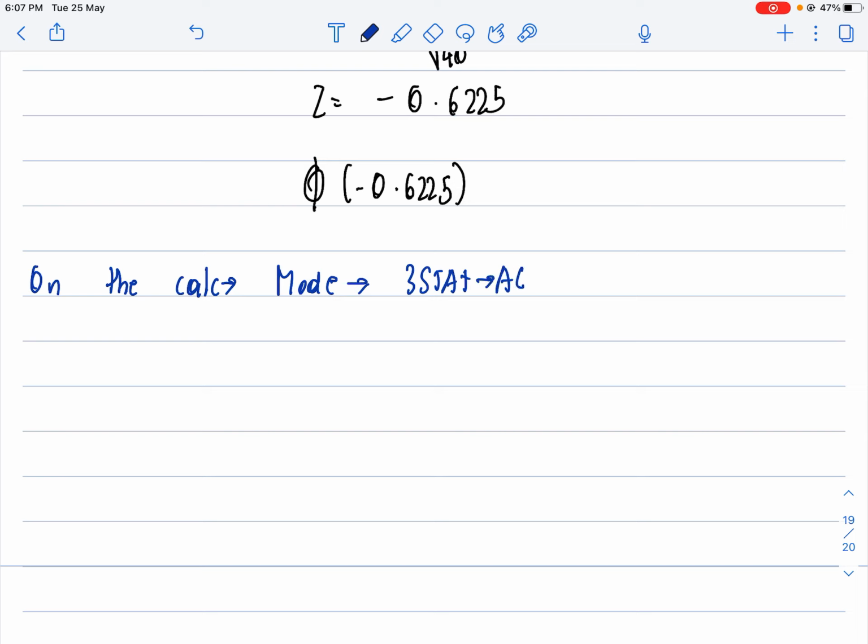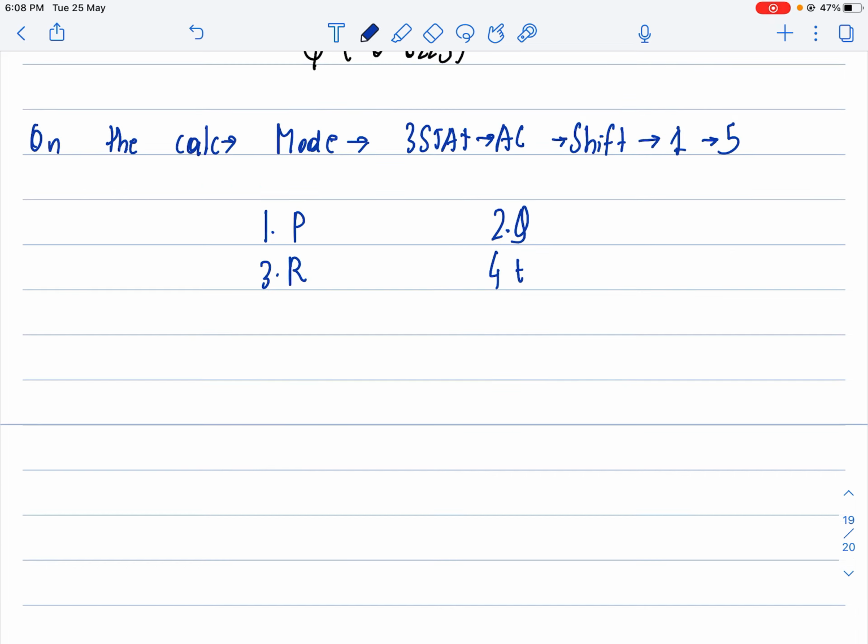Then click on shift, then 1, then 5. Now you get 1 P, 2 Q, 3 R and 4 T. More importantly, our options are 1 and 3. 1 means less than and 3 means more than.